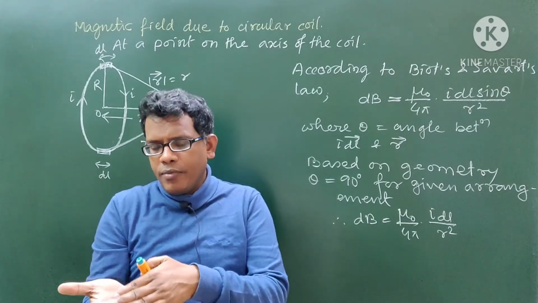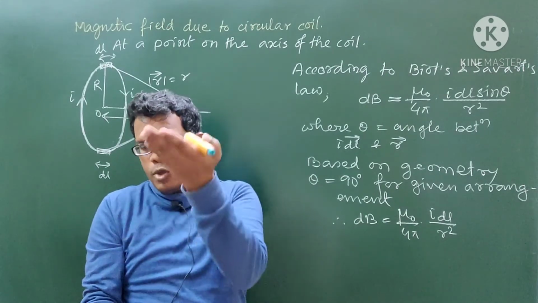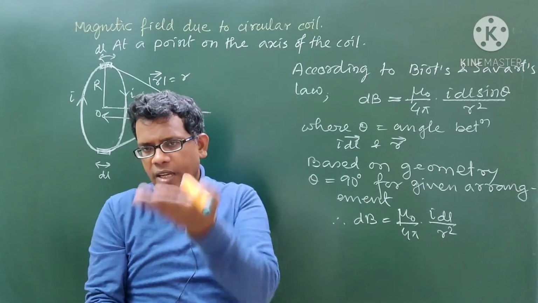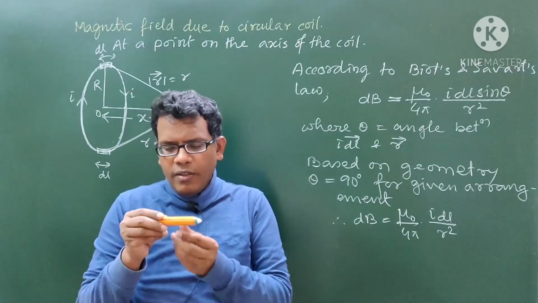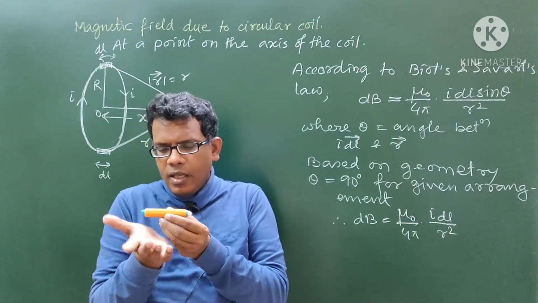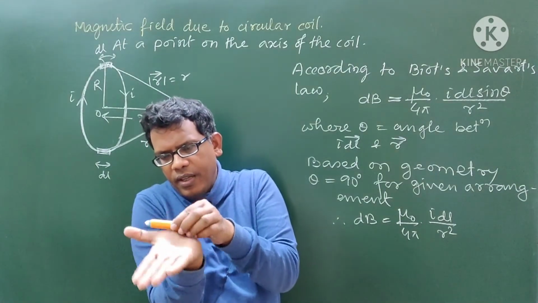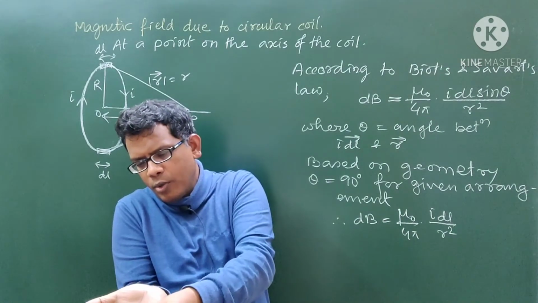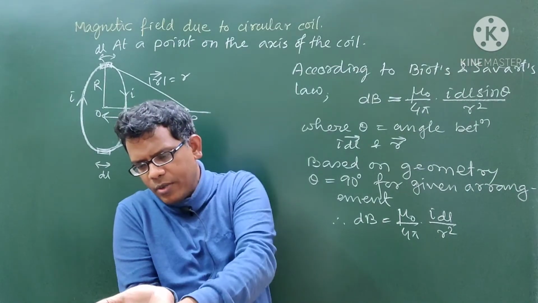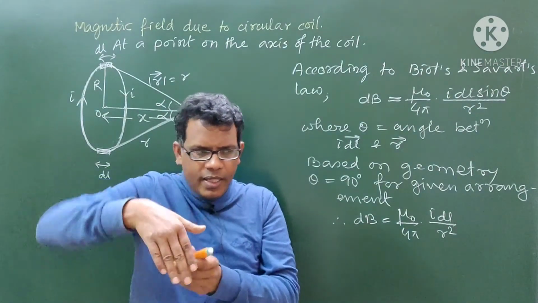This is the plane of the radius vector, and the open face of this hand represents the magnetic field. So if this is the current element and the current is this way, with this radius vector, the magnetic field lines will be perpendicular to this plane, that means magnetic field will be this way. Or if I take the current in this direction, then the magnetic field will be this way.